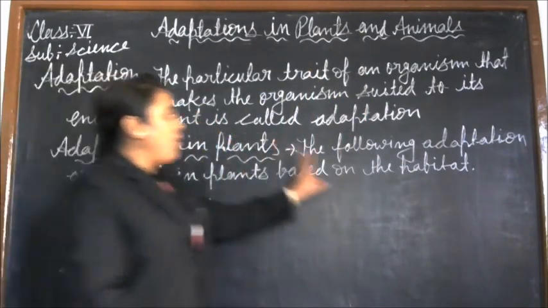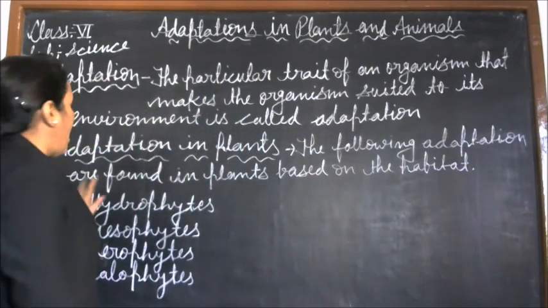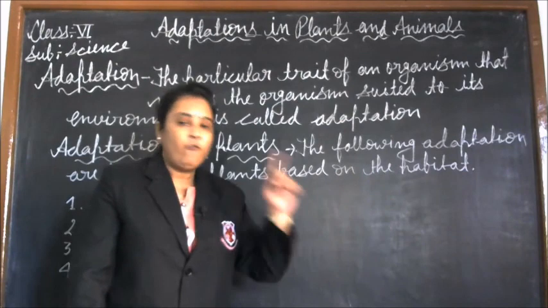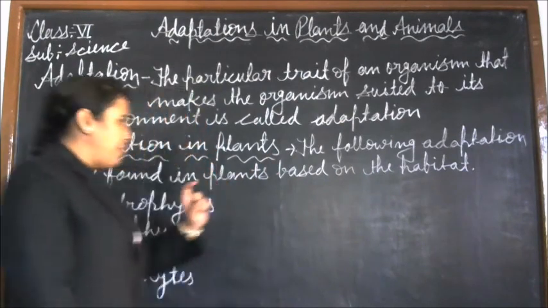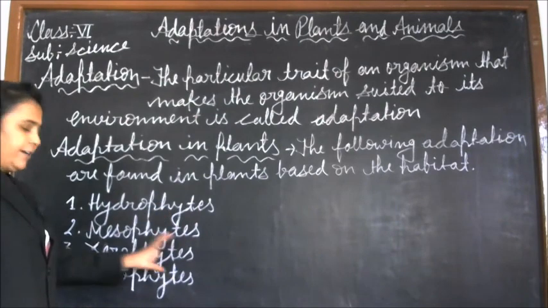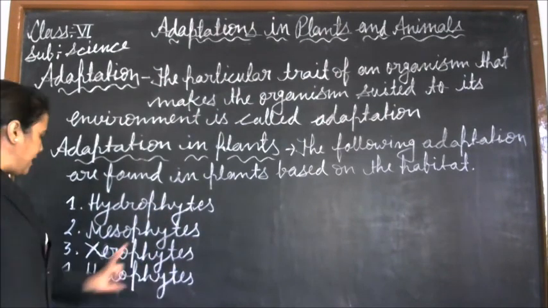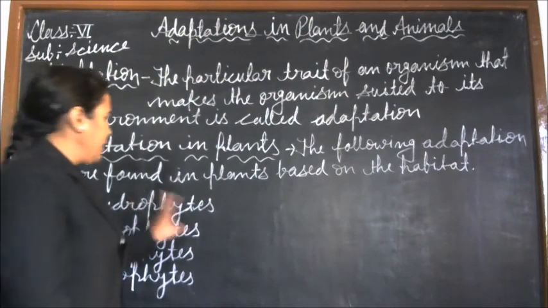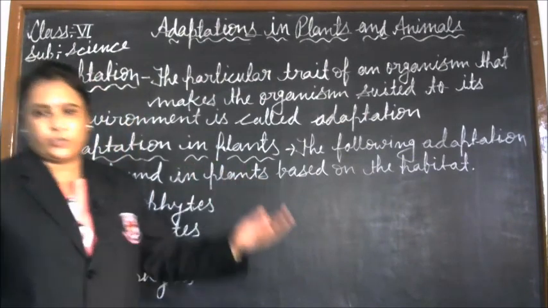The following adaptations are found in plants based on the habitat. First, we are going to study hydrophytes, then mesophytes, then xerophytes, then halophytes. Hydrophytes are plants that grow in water.